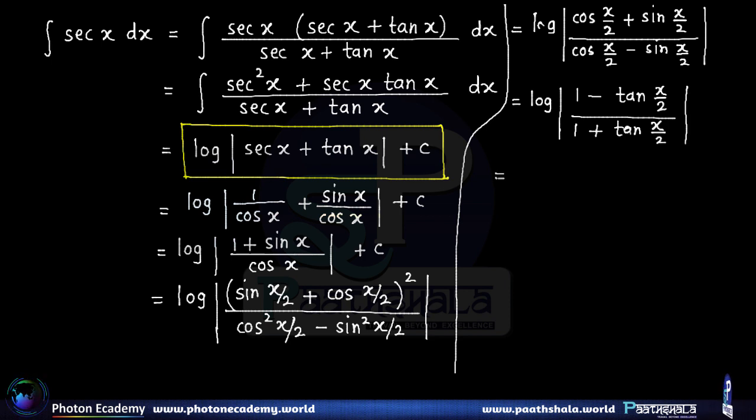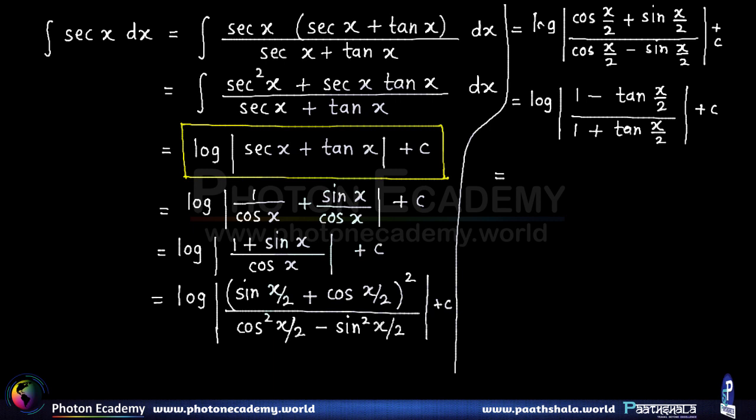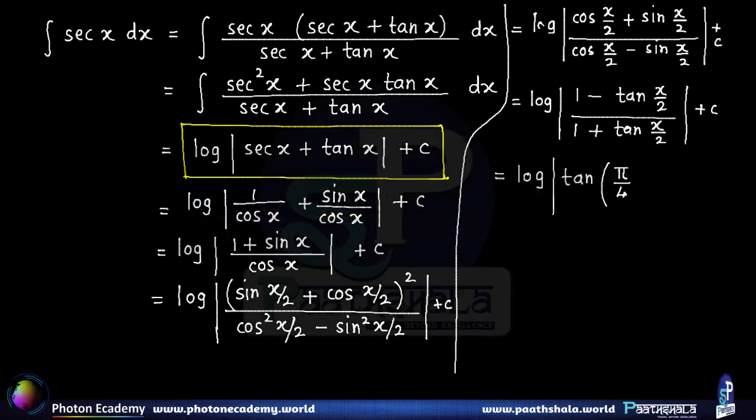So that is equal to, of course there is plus c everywhere, we should not forget. Alright, so that gives us log of, now if you remember, the expression that we have got inside the log is a standard identity once again, that is nothing but tan of pi by 4, that is 45 degrees, minus the angle x by 2, plus c.